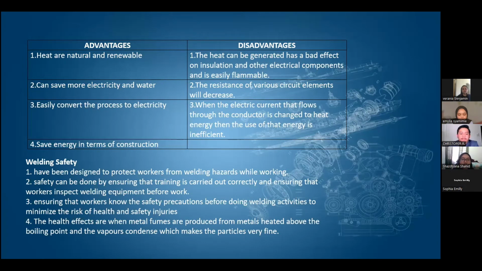Third, ensuring that workers know the safety procedures before doing welding activity to minimize the risk of health and safety injuries. Last one is the health effect when metal fumes are produced from metal heated above the boiling point and the vapor condenses, which makes the particles very fine.